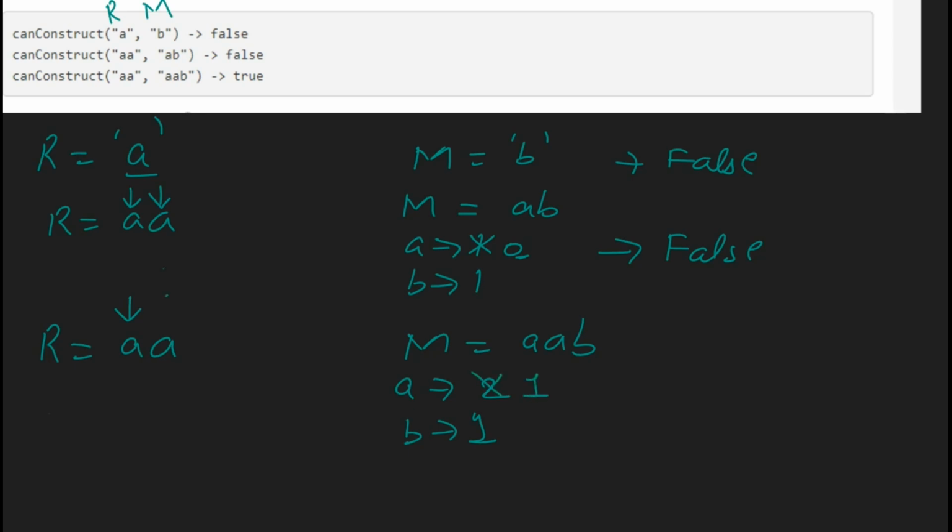Then we go on to the next character, which is again A. To create this A, we take one more A from the magazine, and the number of A left will be 0. But since we have already created the complete ransom note, we will return true. It means we are able to create the required ransom note from this given magazine.